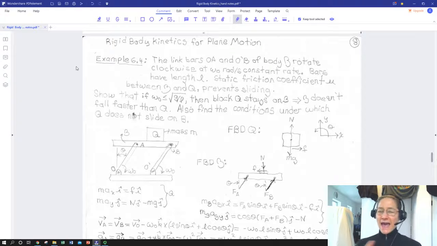So that will be added to our force tally that we will use to get all the relevant accelerations. And once we have accelerations, we can write equations of motion. So stay tuned for that.